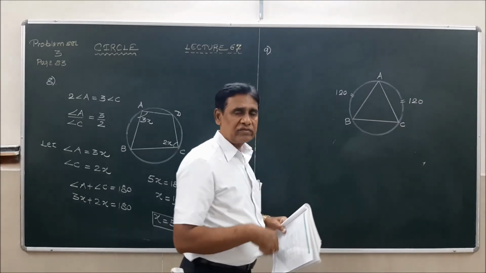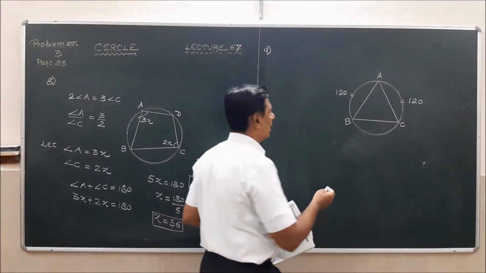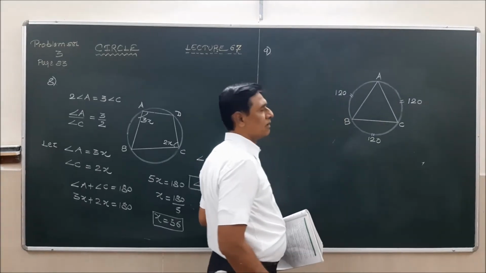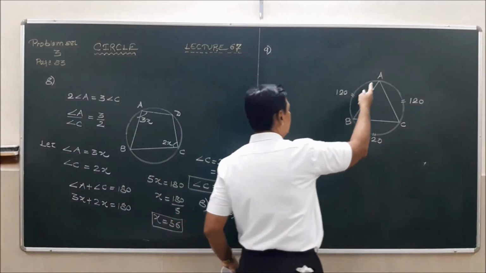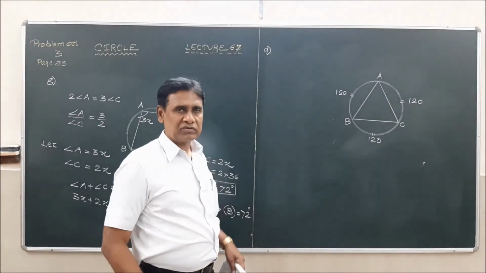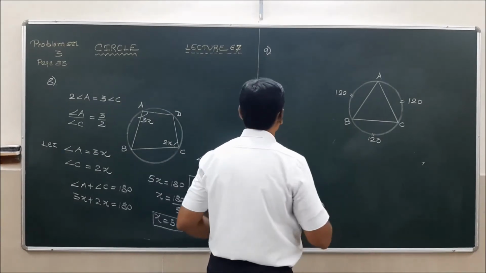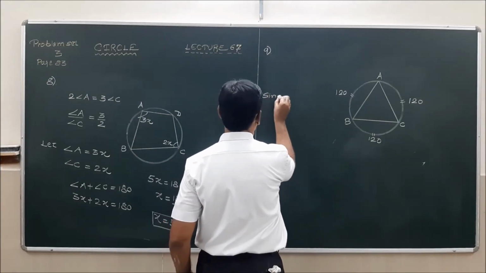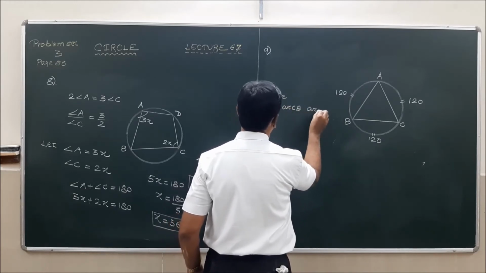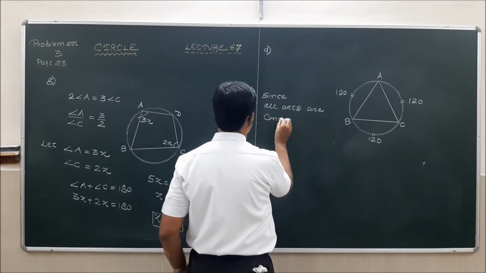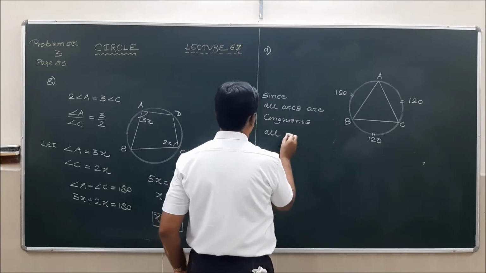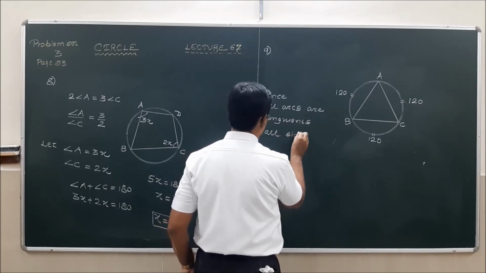Sum of all arcs of a circle is 360. Therefore, arc BC is also 120. Try to understand this. If AB is equal to 120, AC is equal to 120, naturally BC is equal to 120. So since all arcs are congruent, all sides are congruent.